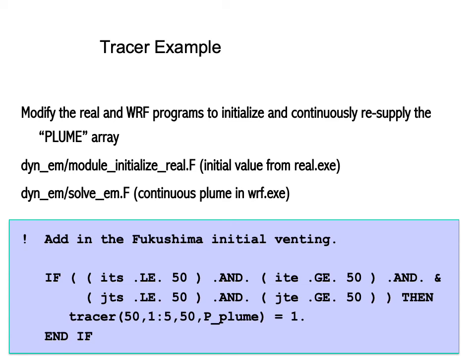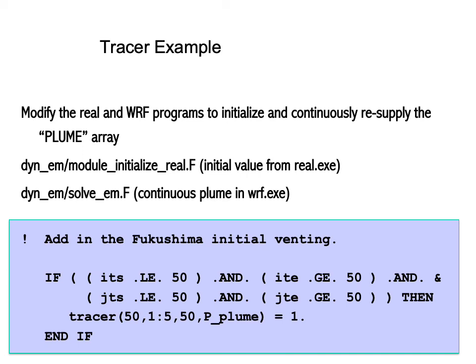And then we're going to take the ij location, which is associated with Fukushima, and we're going to take the first 5 levels and we're going to set that to the numeral 1. So the entire domain is 0 except for over Fukushima, and a small puff is going to be the value 1. 1 through 5 approximately represents maybe half of the boundary layer.